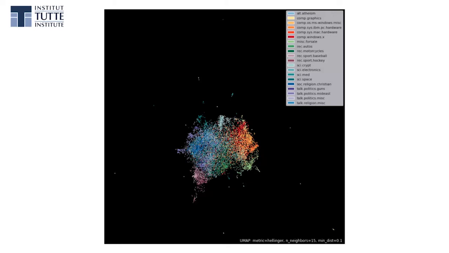It's separated out some of the more computational newsgroups from some of the more politically and religion-oriented newsgroups, but it's still a bit of a big blurry mess. I should note, if you check the bottom there, UMAP with metric equals Hellinger is actually natively available in the current release of UMAP. You can just specify Hellinger distance and it'll understand and use that.